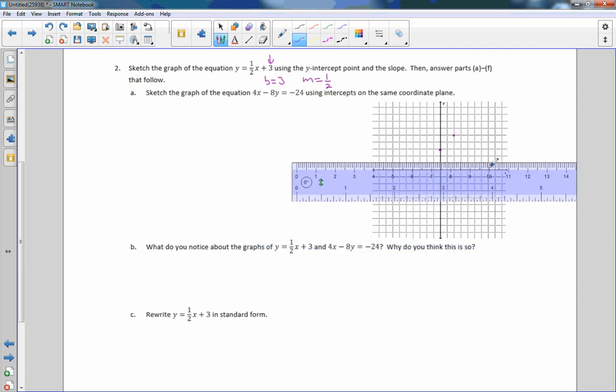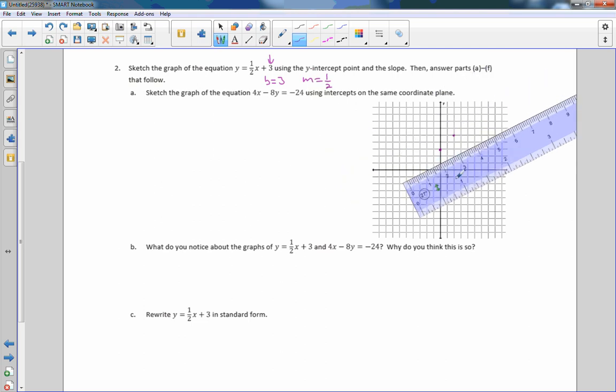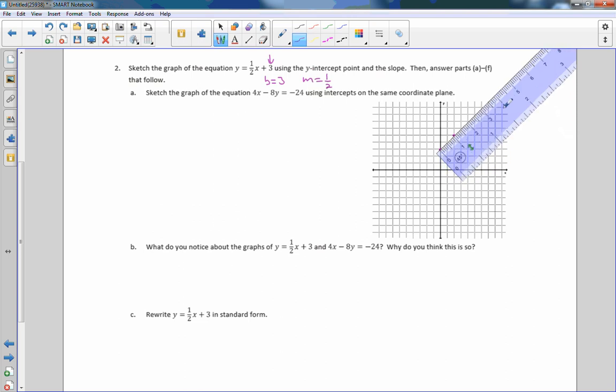Now I'm going to bring my ruler up and draw a nice, accurate straight line with the ruler. Okay, so there's my line, and I'll label that y equals 1/2 x plus 3. So there's the graph of the line y equals 1/2 x plus 3.